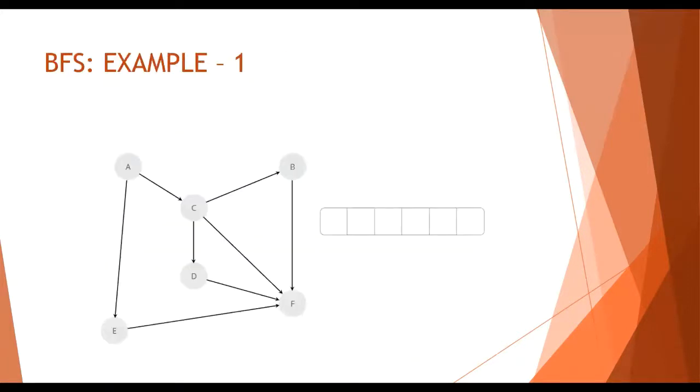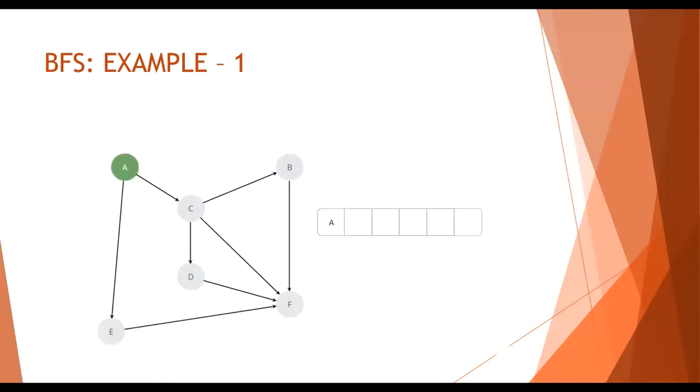Okay, another example. Here we have a graph. We have 6 nodes, A, B, C, D, E, F. In a graph we don't have a root node, but we could define the initial state. For me, I'm going to define the initial state as A. That will be my level 0. What is directly connected to node A?